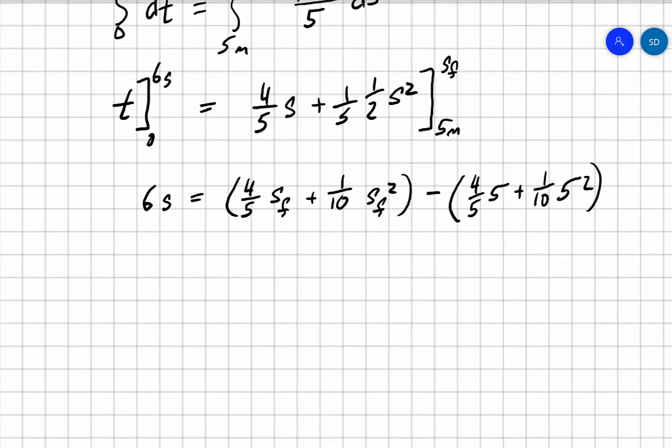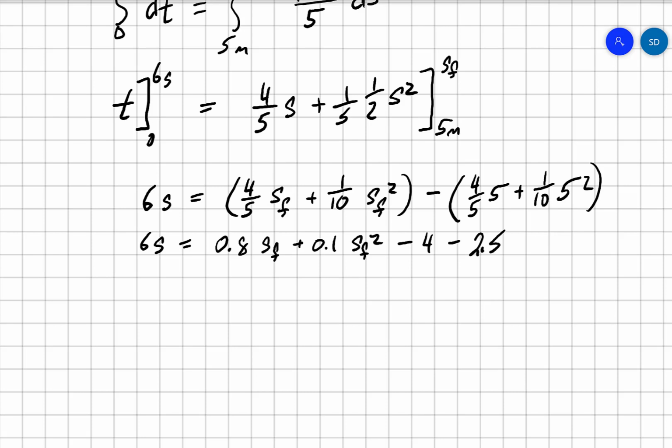So we just need to simplify this, and as we'll see, we're just ending up with a quadratic equation. So this will give me 6 equals, I guess we can utilize decimals at this point, 0.8 times sf plus 0.1 sf squared minus 4 minus, so this is 25 over 10, so minus 2.5.